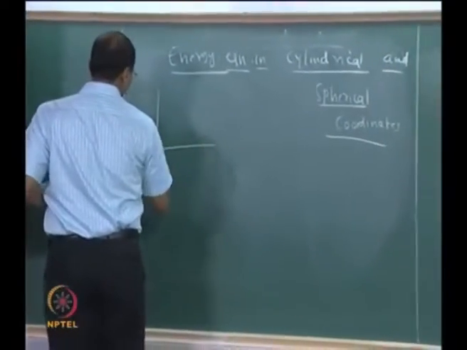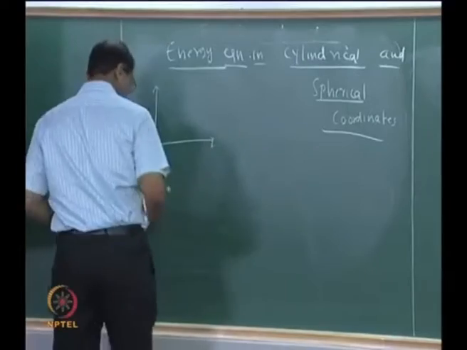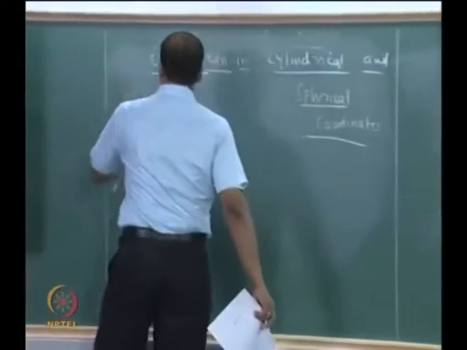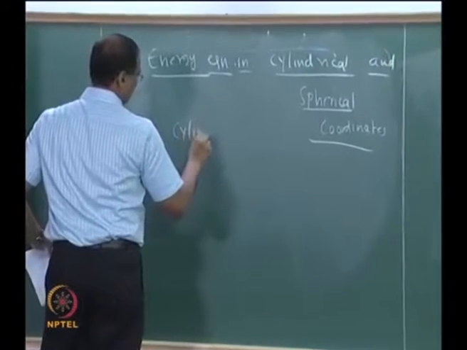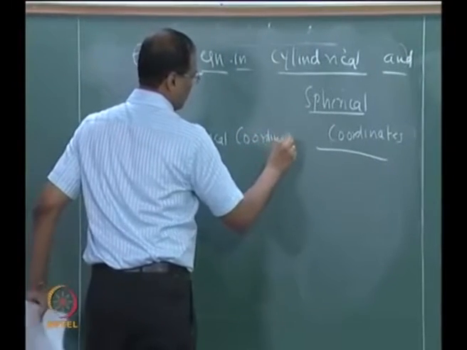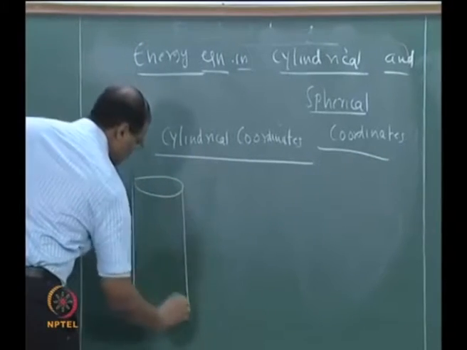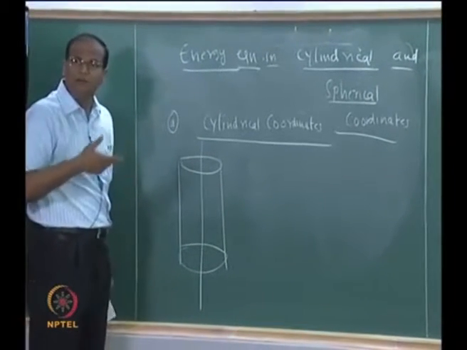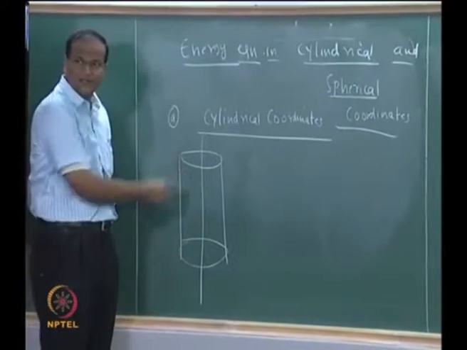So if you have something like this, this sort of geometry occurs basically in double pipe heat exchangers, that is concentric tube heat exchangers, and nuclear fuel rods. They are mostly like this.